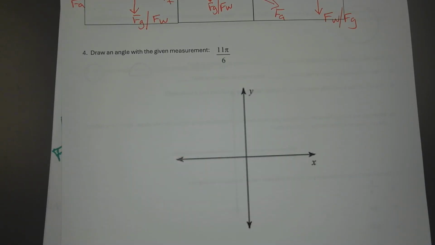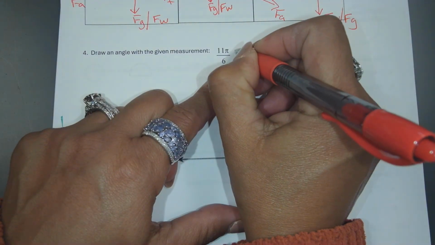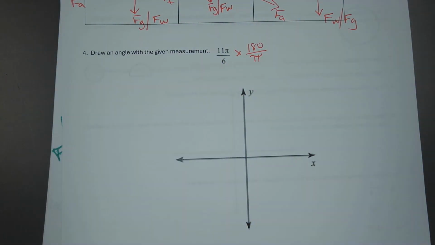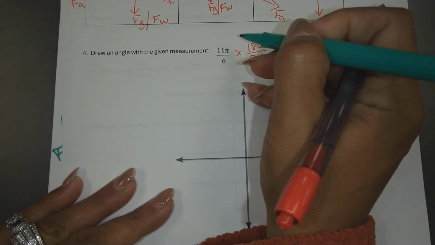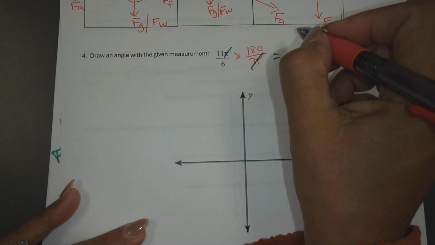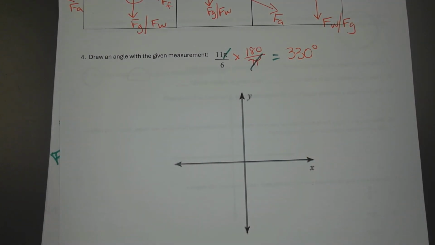So in this situation, if we want to convert from rad to degrees, you're going to multiply it by 180 over pi. My pi's cancel out mathematically. You go ahead and do the math. It comes out to 330 degrees. Then you had your protractor.